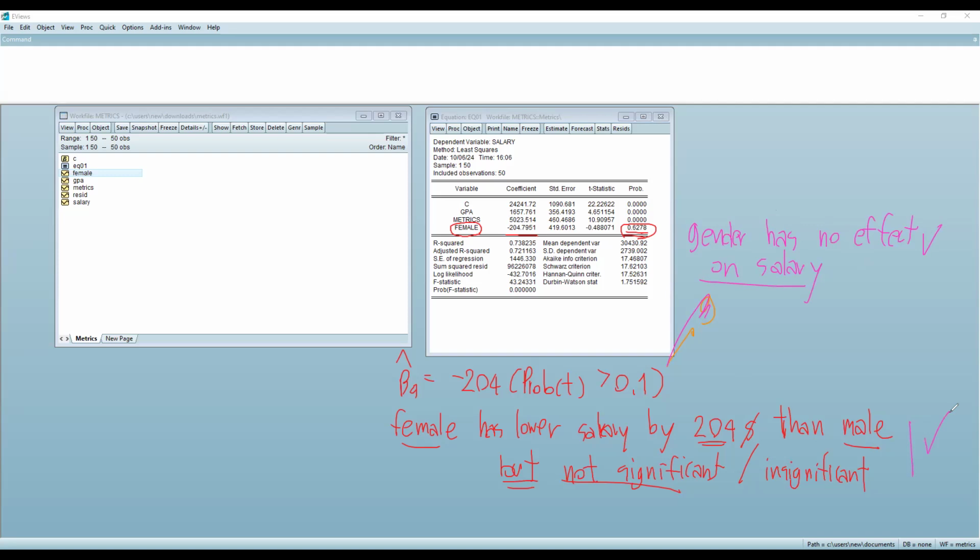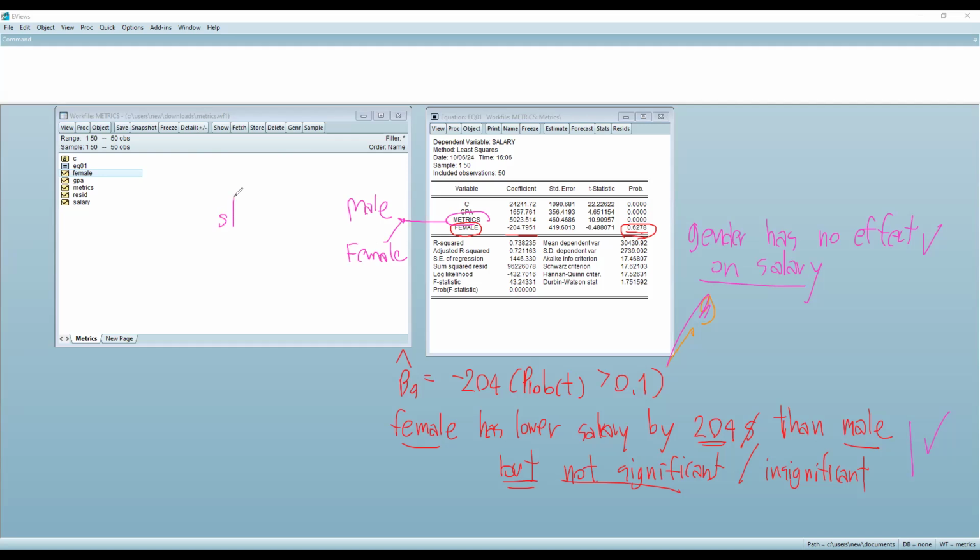Next question. How would you modify the equation to see if the value of econometrics was the same for men and women? So they would like to know whether the metrics here is different between male and female or not. Yes, we use female, what that is called?